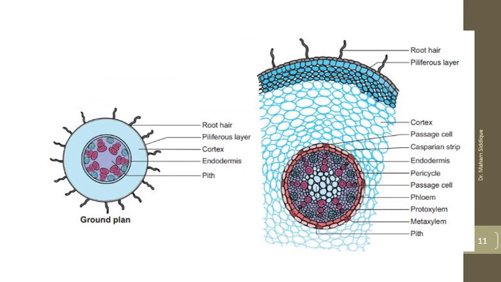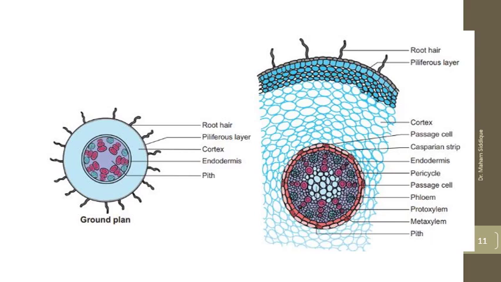In this diagram, you can see the whole structure of the root. First of all, the first layer is epidermis, which is called piliferous layer, from which root hairs arise. Then cortex is present.